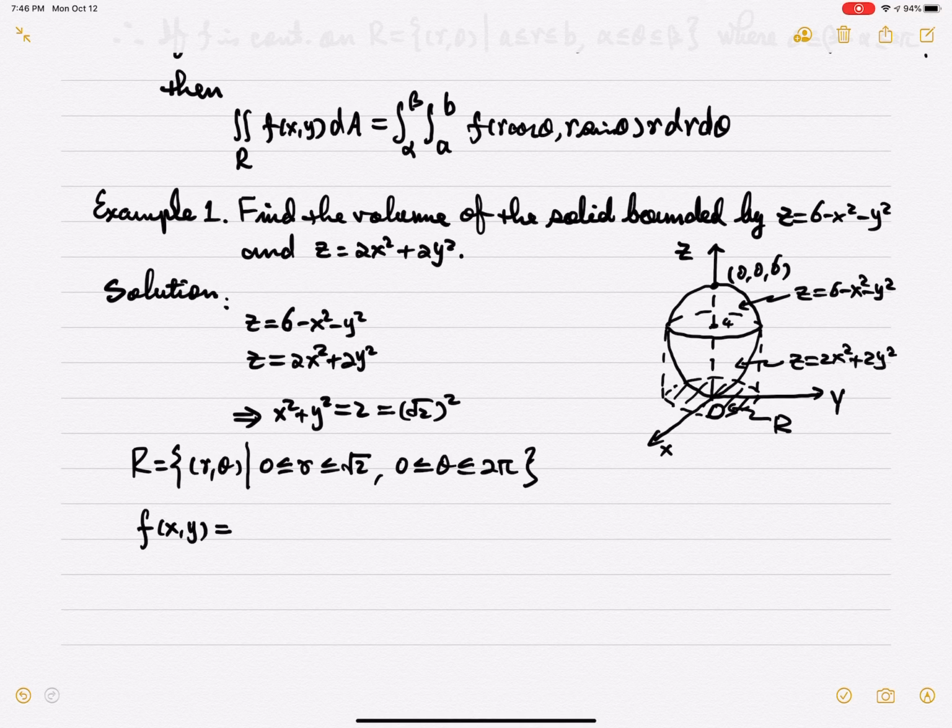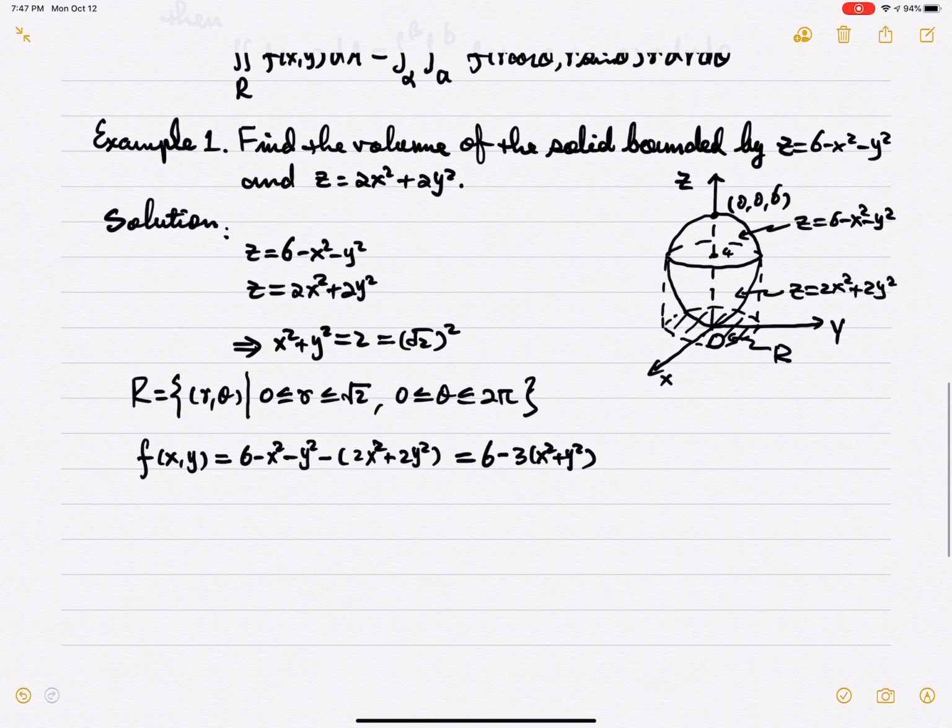So that means it's 6 minus x squared minus y squared minus 2x squared plus 2y squared, right? So this is equal to 6 minus 3(x squared plus y squared). Equal to that.